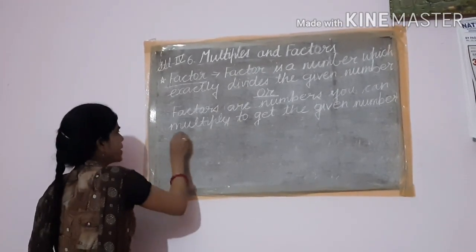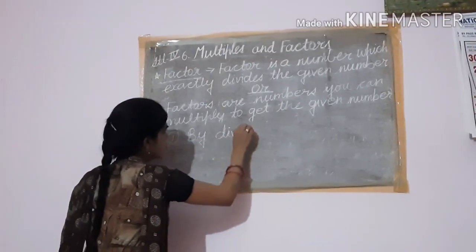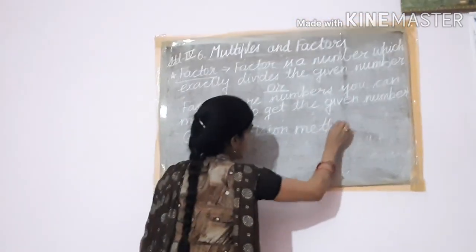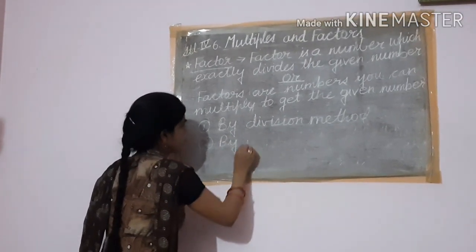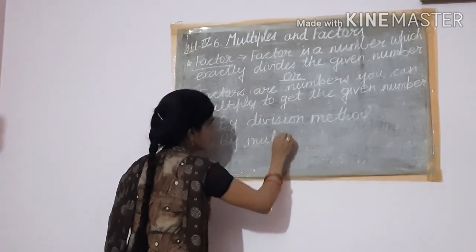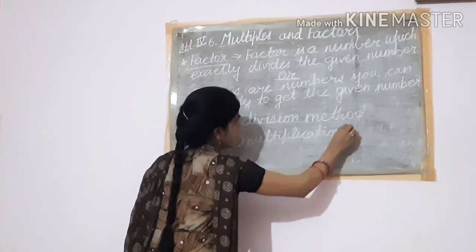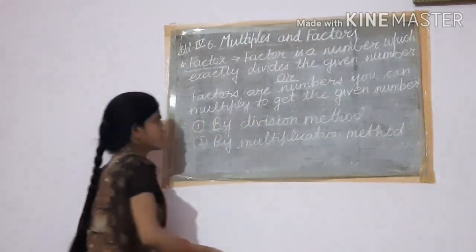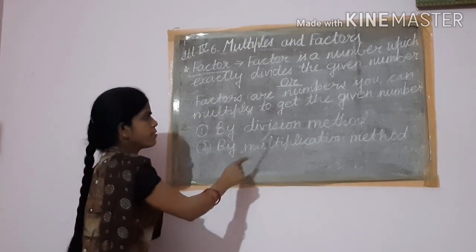One is the division method, and one is the multiplication method. First I will show you how to find factors by the division method.